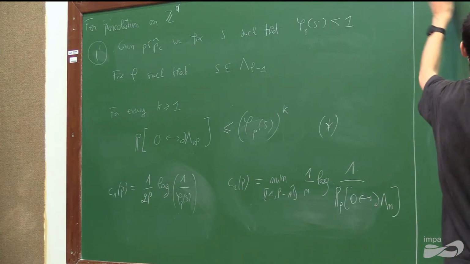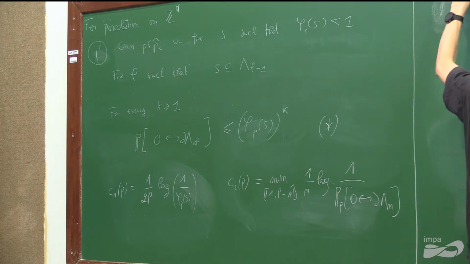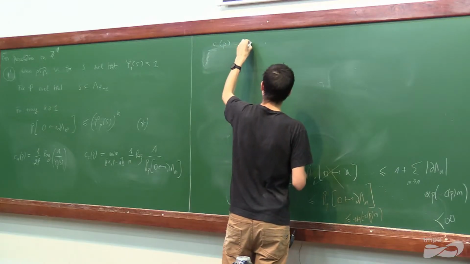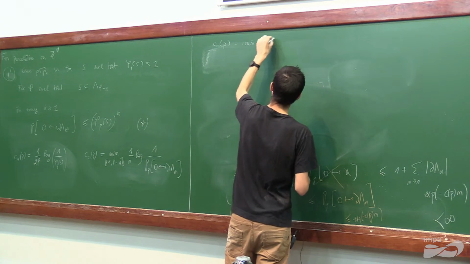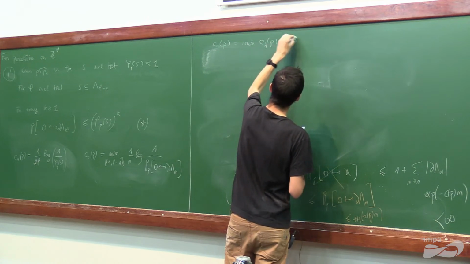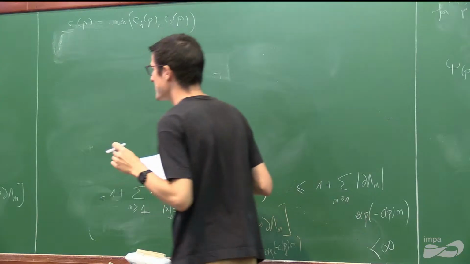And let me write C_p, which is equal to the minimum of C1 of p and C2 of p.